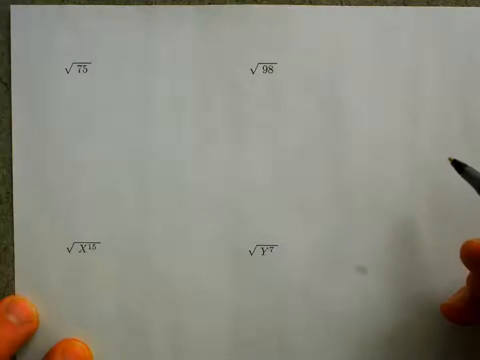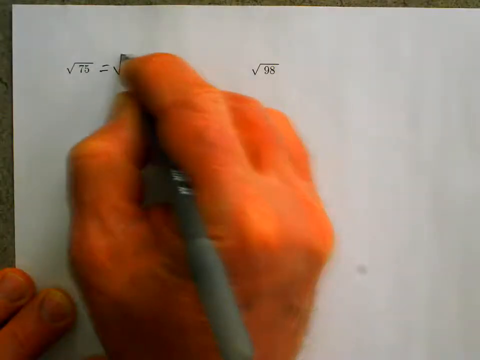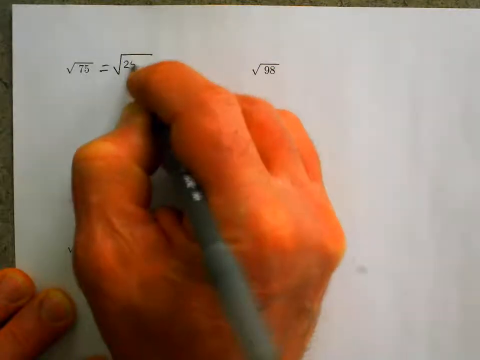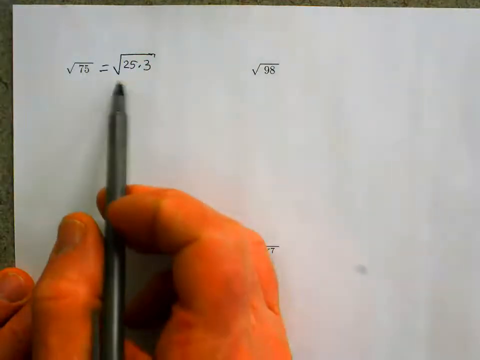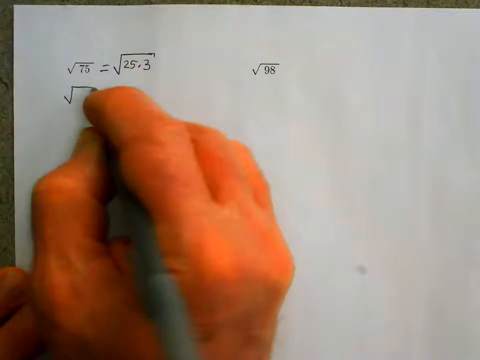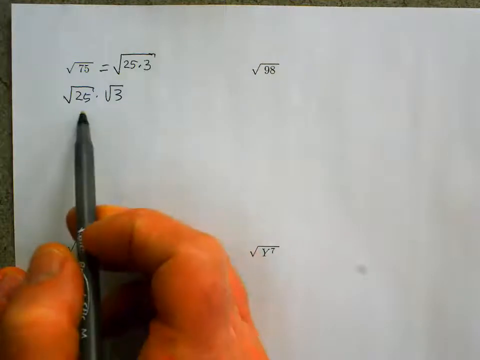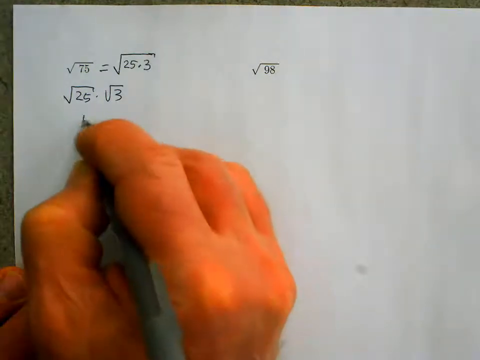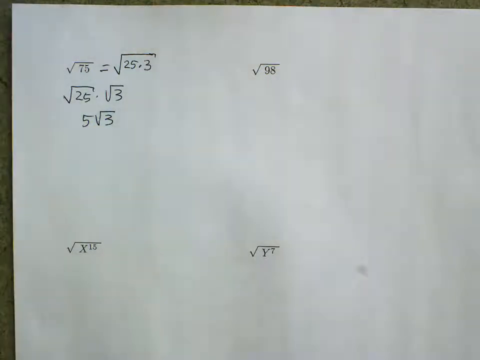The largest factor of 75 that is a perfect square is 25. 25 times 3 is 75. So the square root of 75 is the same as the square root of 25 times 3. Then the square root of 25 times 3 is the square root of 25 times the square root of 3. Then we simplify the square root of 25, which is 5. And so our simplified result is 5 times the square root of 3.